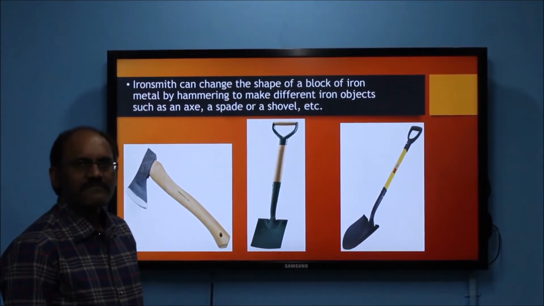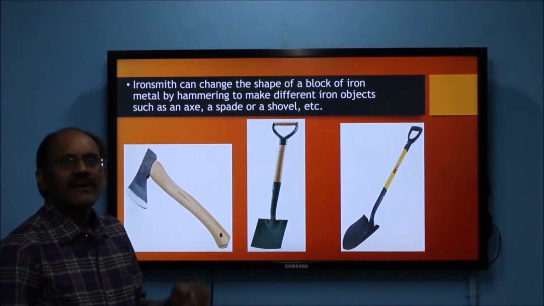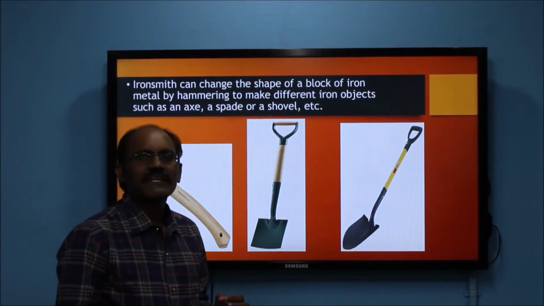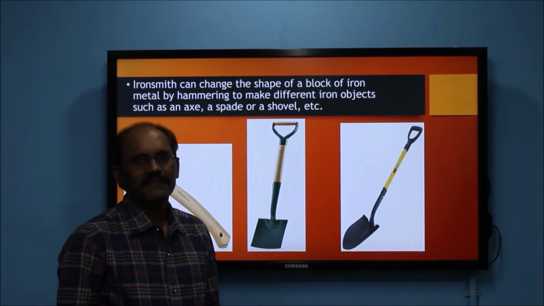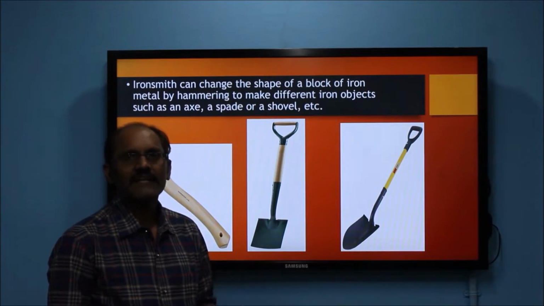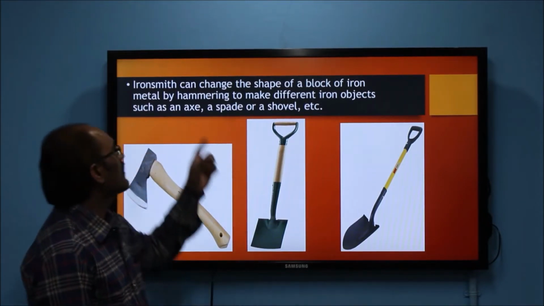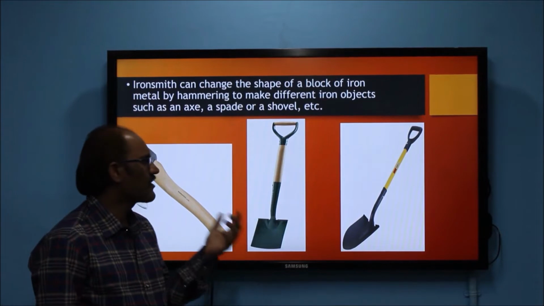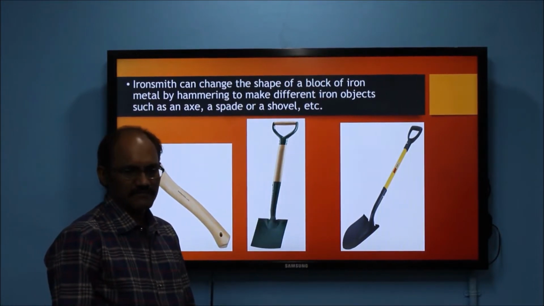It is because of the property malleability. The malleability of iron made it possible for an ironsmith to make all these tools.